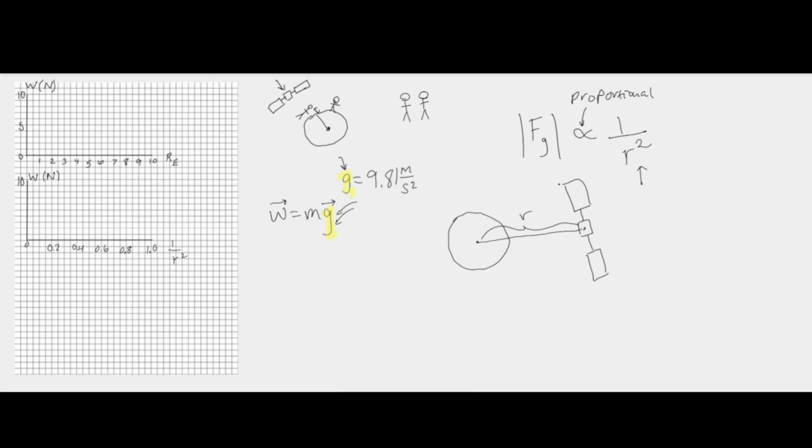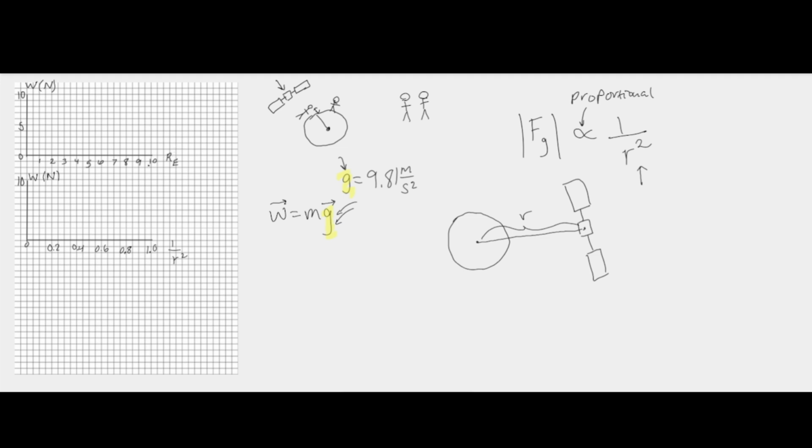Well, now I'm looking at this top graph here, and the way I've written this out, we have this weight force on the vertical axis, and on the horizontal axis, I'm counting 1, 2, 3, all the way to 10 in Earth radii. So this r sub e is indicating radii of the Earth.